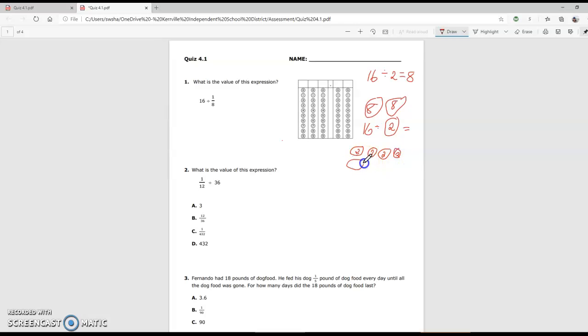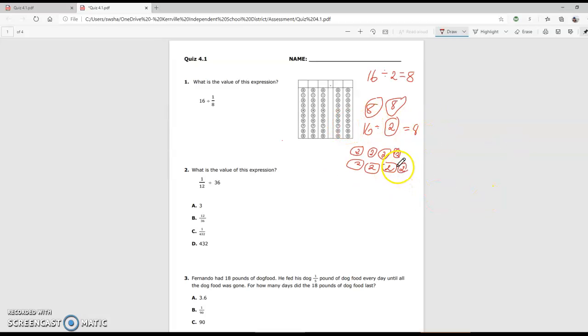You have 8 groups, right? So the answer is still 8. It's just the thinking is a little different. This one is asking how many will be in each group, and this other one is asking how many groups you would have if you have 2 in each one. So 16 divided by 2 is 8 because you can make 8 groups of 2 with 16.